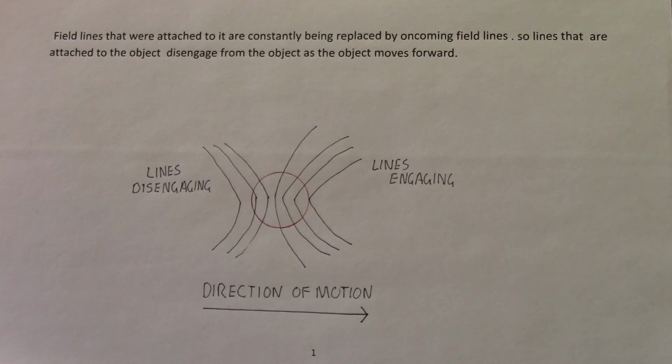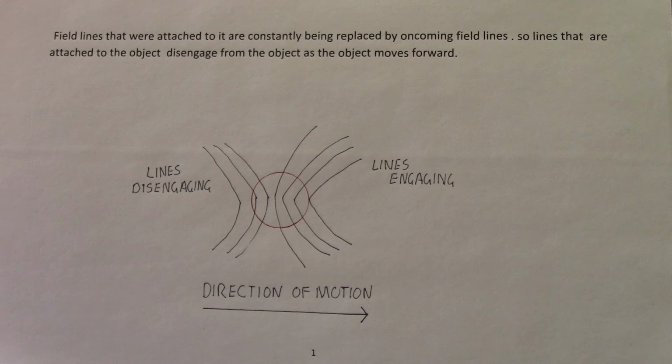Now, the field itself is at absolute rest, so the lines can only move along with the mass for a short distance. So as an object begins to move, field lines that were attached to it are constantly being replaced by oncoming field lines. So lines are attracted to the object and disengage from the object as it moves through the field.